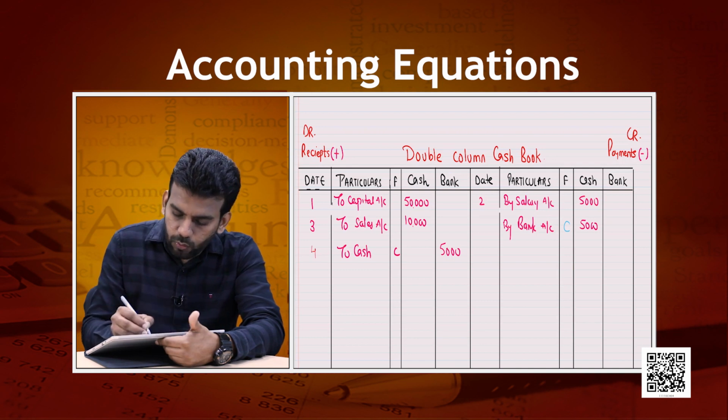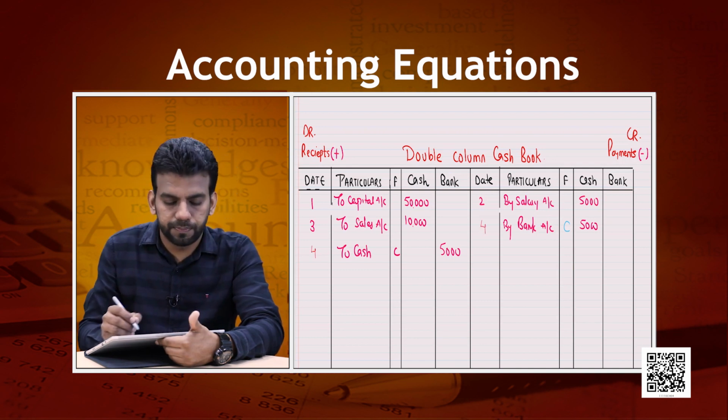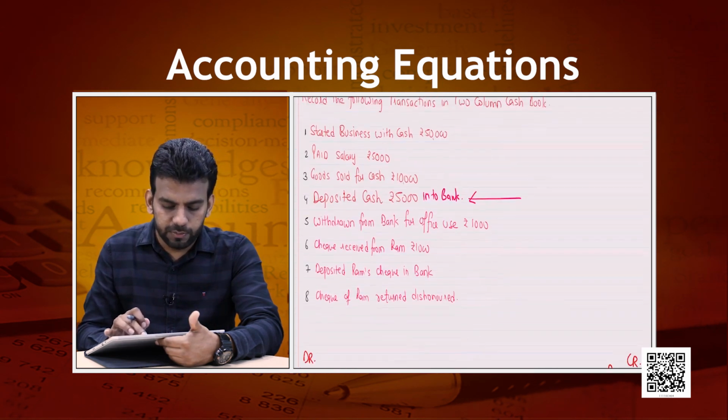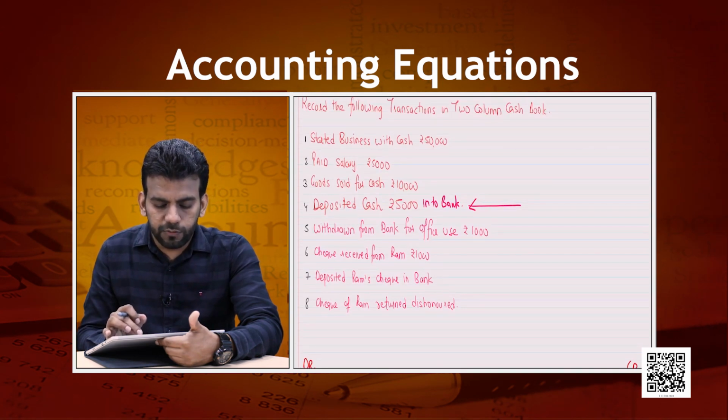And this is the fourth transaction. Let's move to our fifth transaction. What is that? Withdrawn from bank for office use. Now, this is again a case where cash and bank both are affected, because you withdrew money from bank for office use. That means bank is going to decrease and cash is going to increase, isn't it?